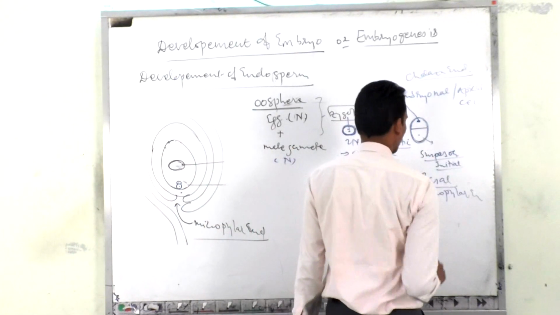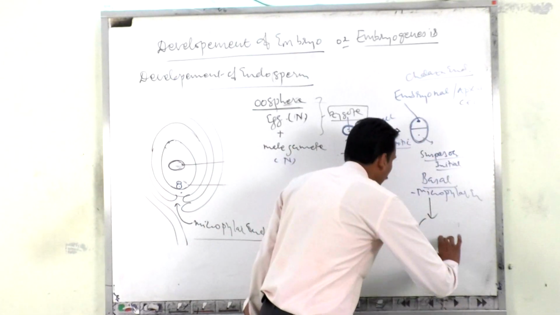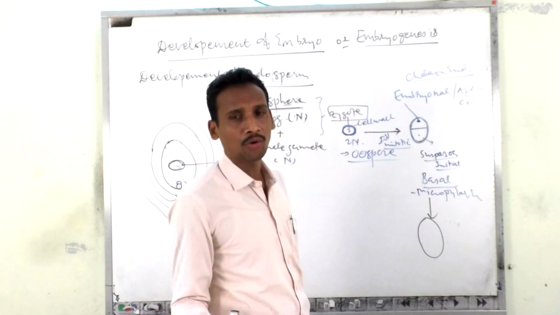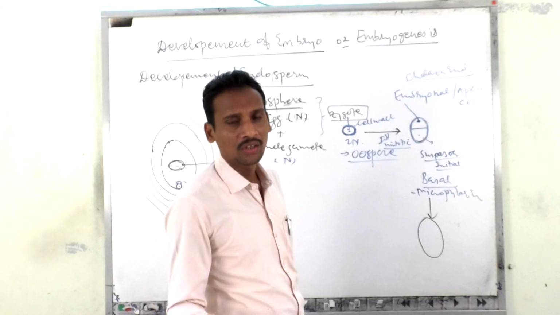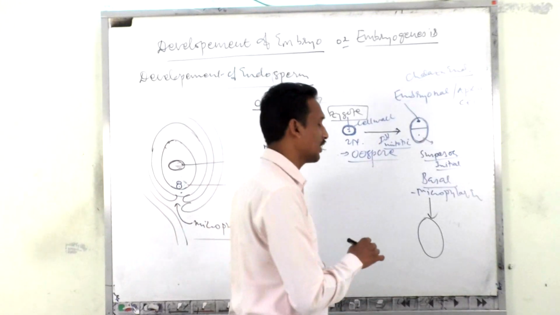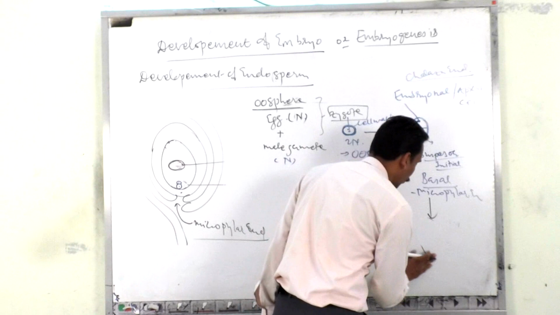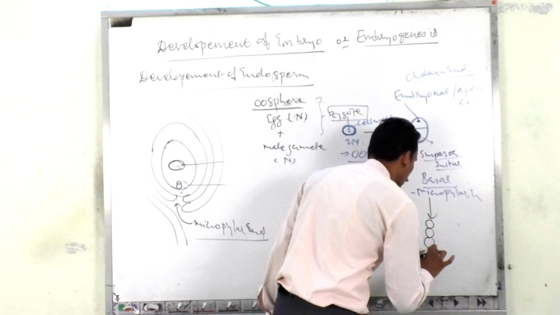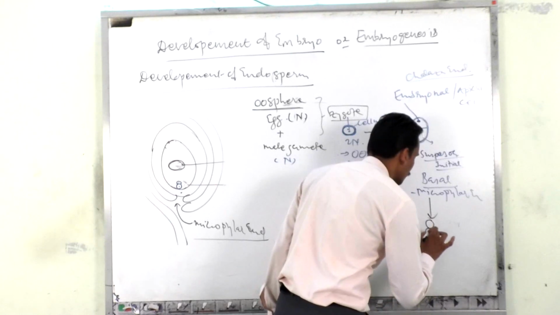After that, the second mitotic division is carried out only within the basal or suspensor cell, and therefore there should be a formation of a row of such a structure.